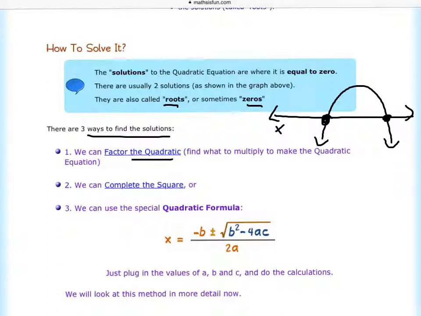One, we factor the quadratic, and that's what we're going to do today. So we find out what to multiply to make the quadratic equation. We've done that before. Or we can complete the square, and we can also use the quadratic formula. So let's get started on factoring the quadratic. And again, what we're looking for is the zeros, where the parabola crosses the x-axis.